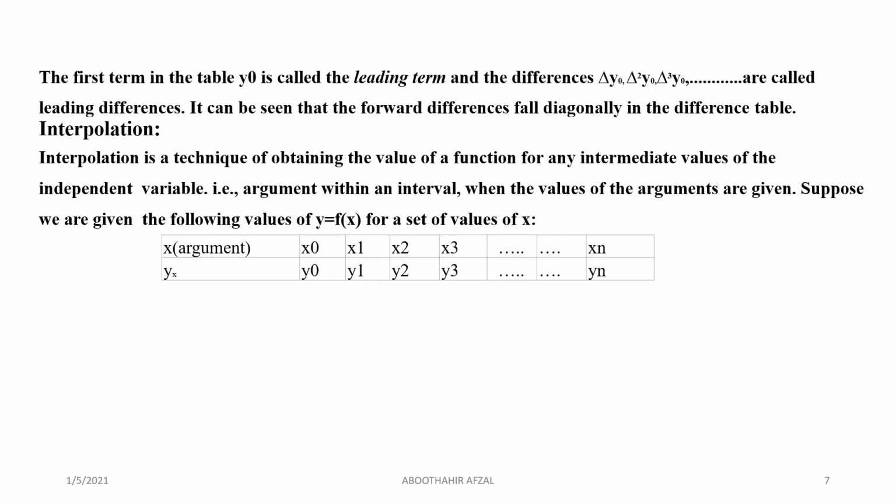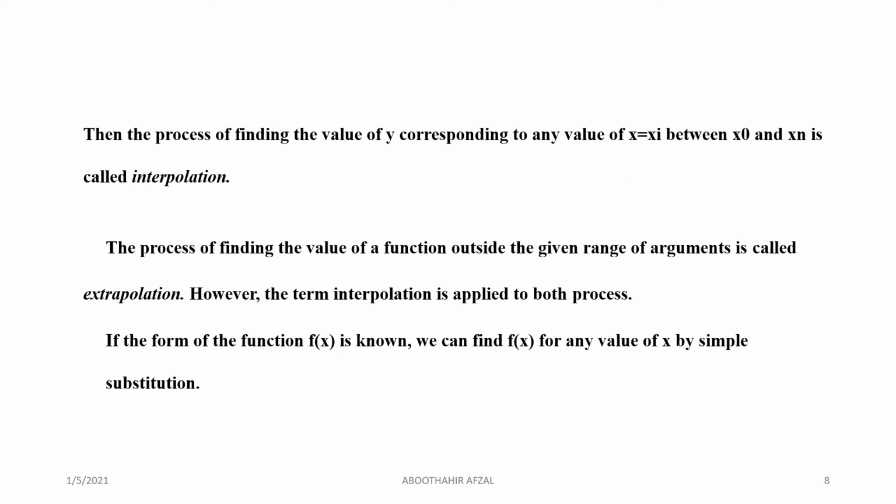You can choose any value of x, that is your choice, because the independent value is controlled by the user. The system will evaluate the value of the entry based on the value of the independent variable. So finding the value at x0 plus h by 2 can be done by interpolation.